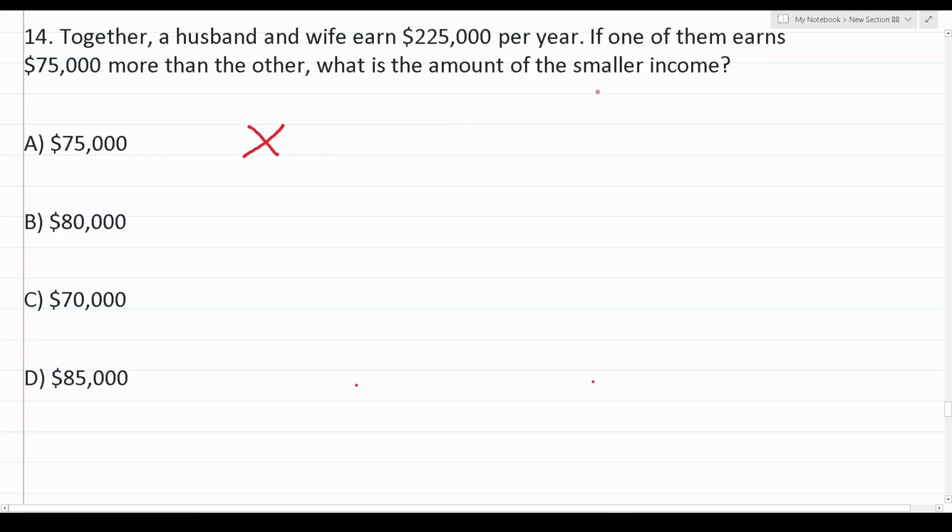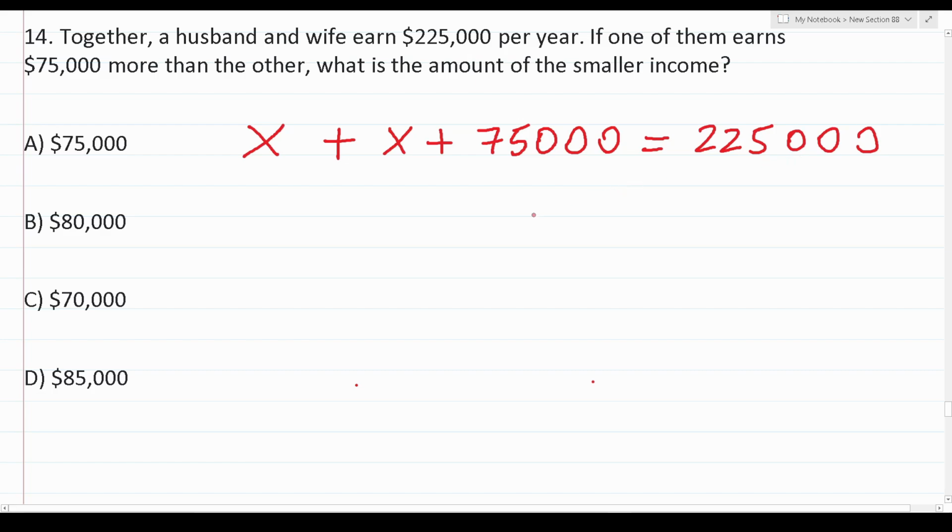And according to the problem, we know that one of them earns $75,000 more than the other. So if one of them earns x for the income, that means the other one earns x plus 75,000. And what's more, we know combined they make $225,000 per year.